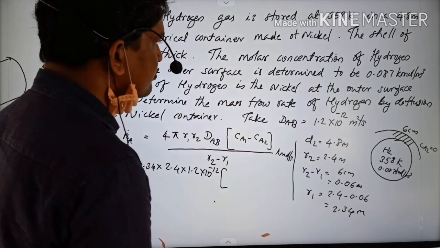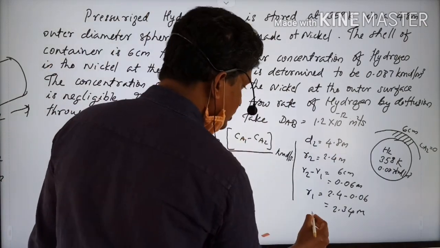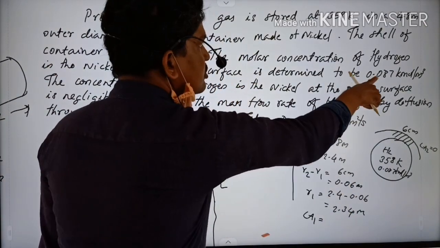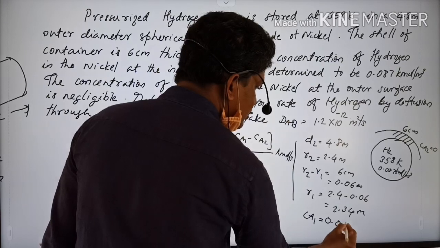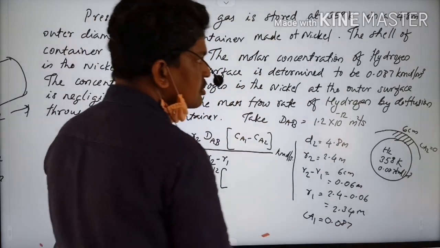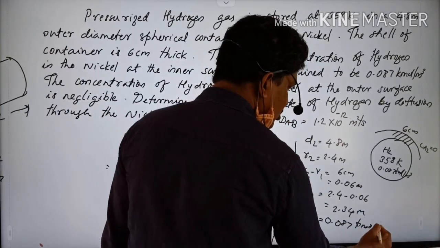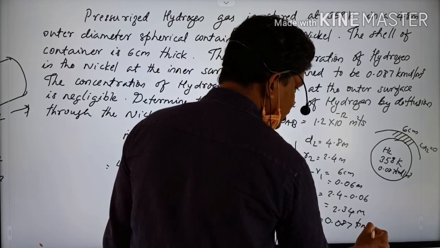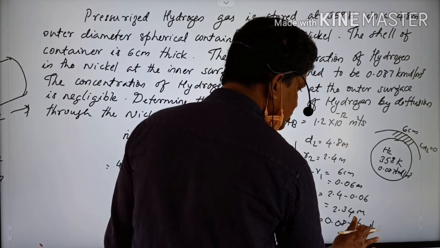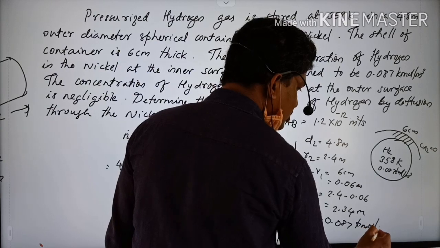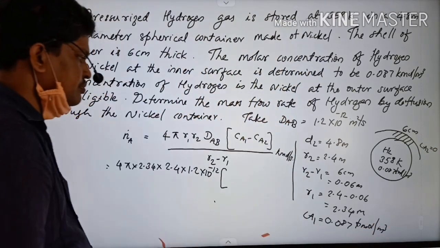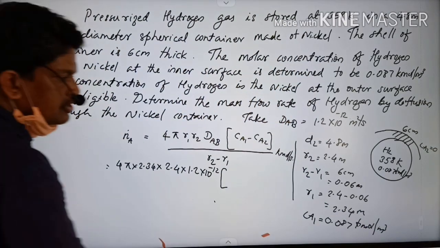CA1 is given as 0.087 kilomole per meter cube, and CA2 is 0.